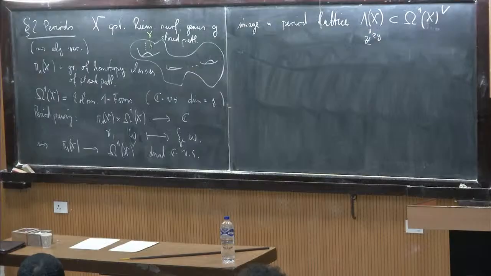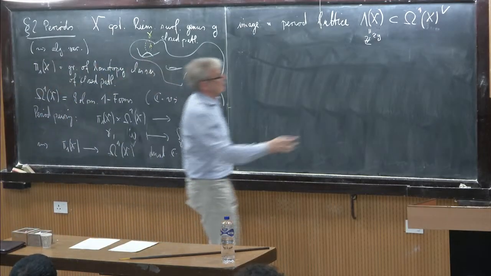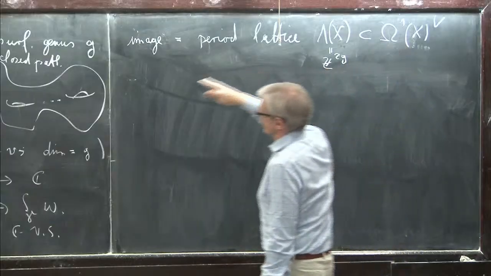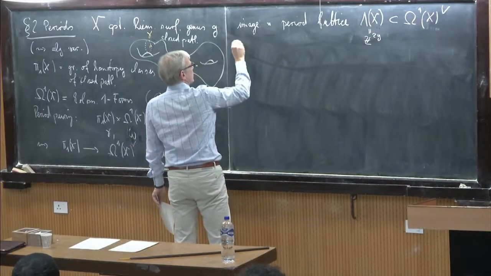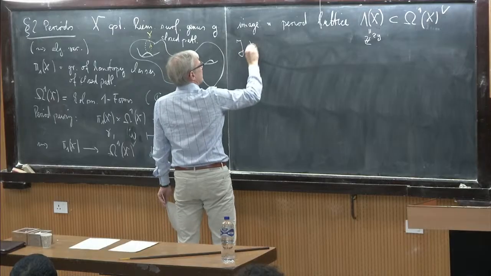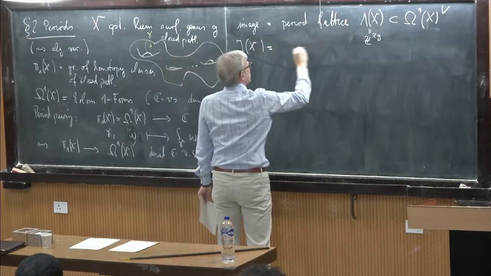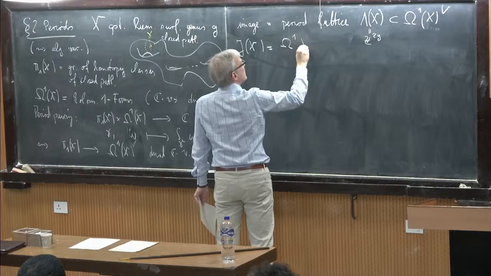And then in this theory of Riemann surfaces, an important invariant is the so-called Jacobian variety, J of x, which is you take the quotient.